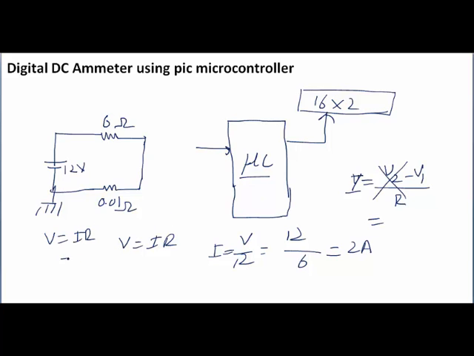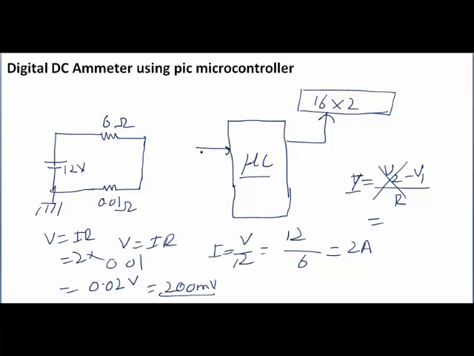We know the current and we know the value of resistance, so it will be equal to 0.02 volt, or in other words 200 millivolt. So the microcontroller can easily read 200 millivolt.